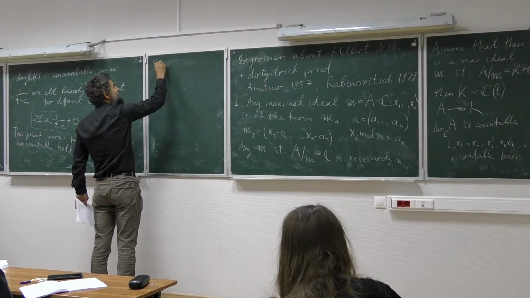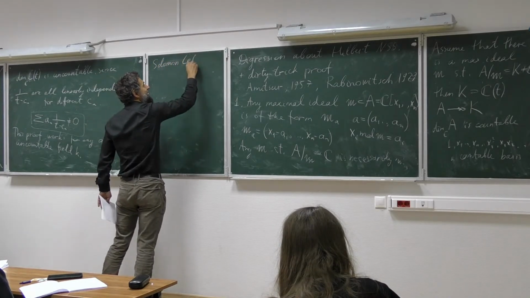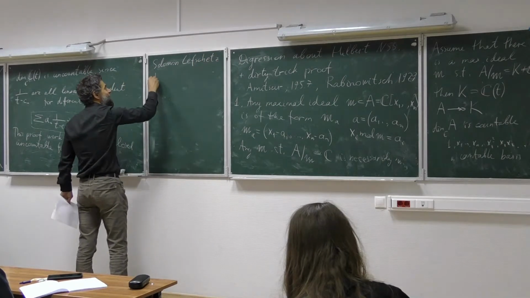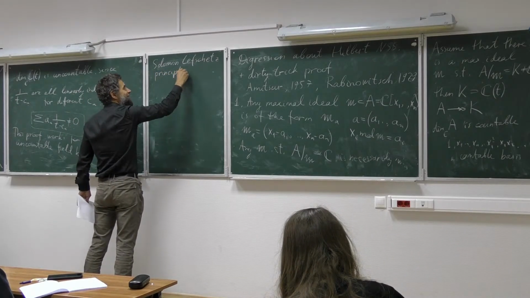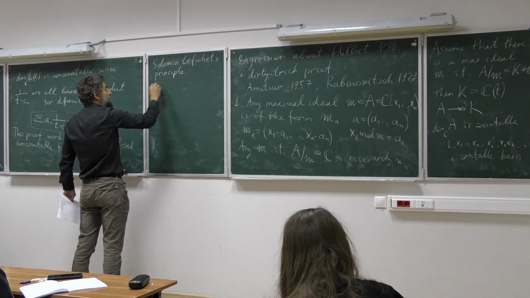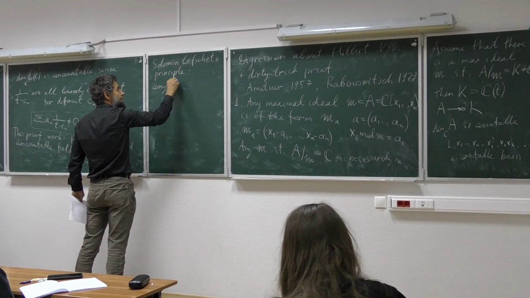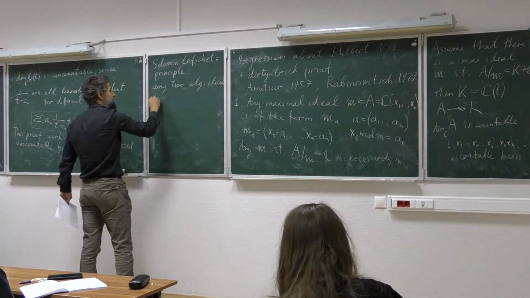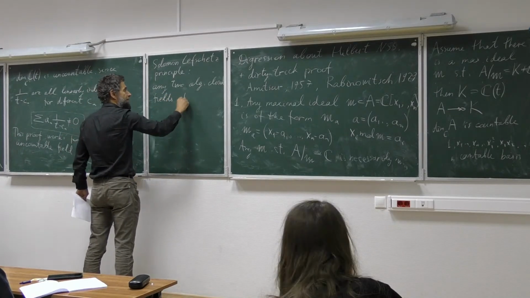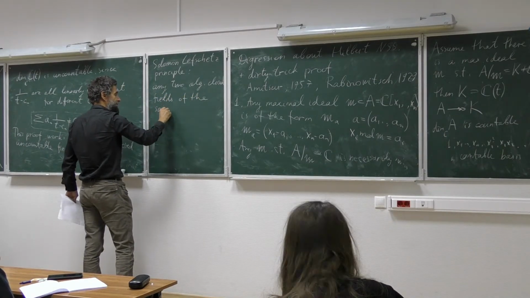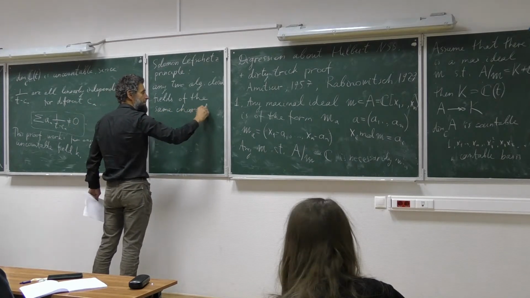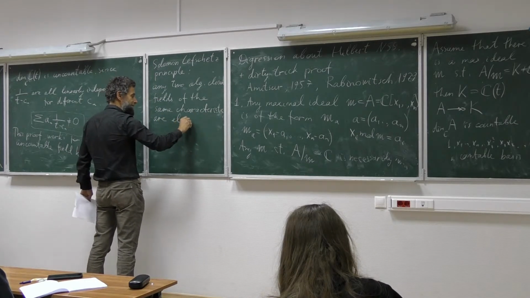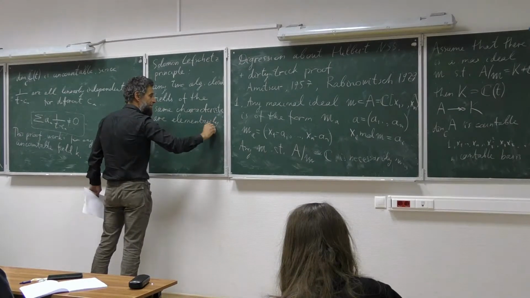So the dirty tricks continue. There is the Solomon Lefschetz principle that any two algebraically closed fields of the same characteristic are elementarily equivalent.